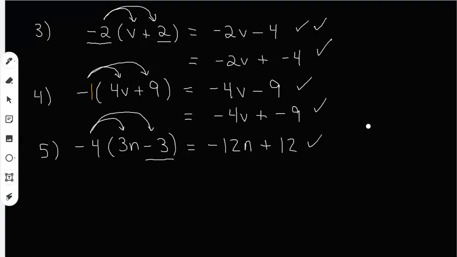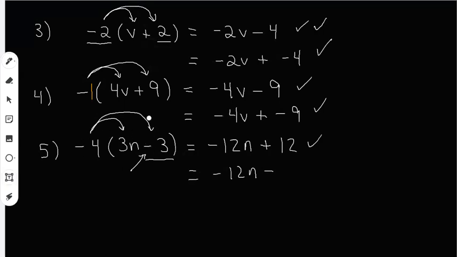Okay? Now, for that example, notice that the negative 4 is being multiplied by a negative 3, right? If I did it another way, I would still get negative 12n. And if I keep this negative sign the same, I would keep a negative sign right here, but then I wouldn't have a negative sign anymore, right?